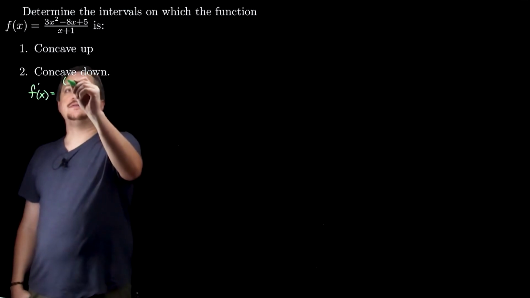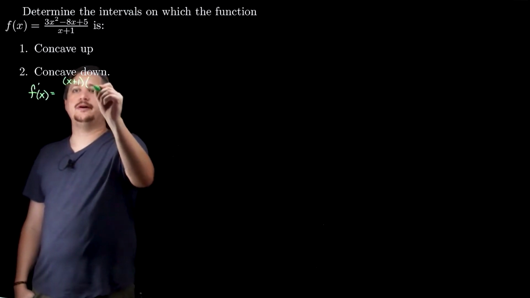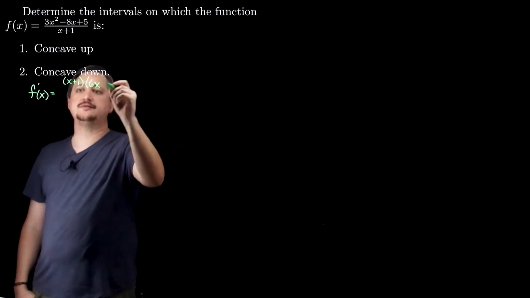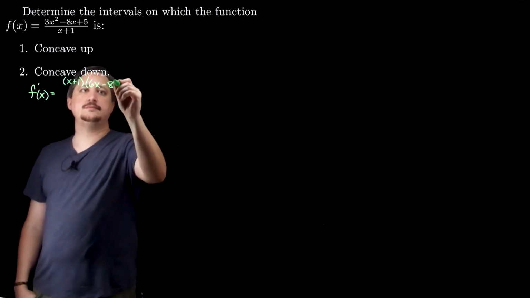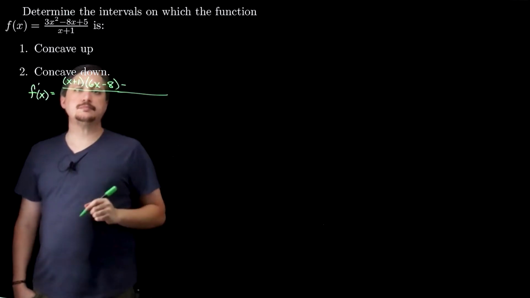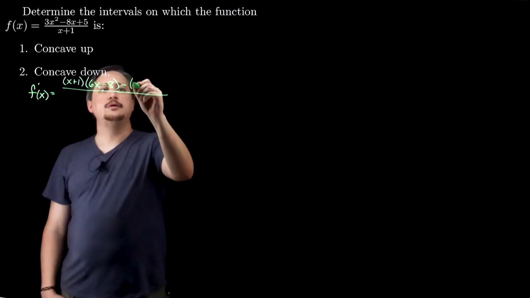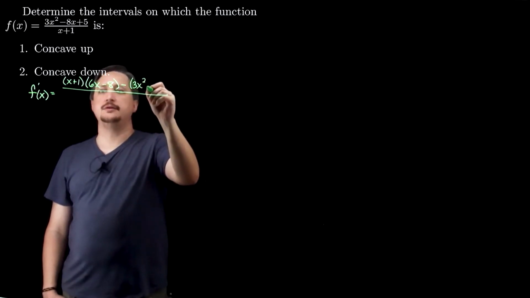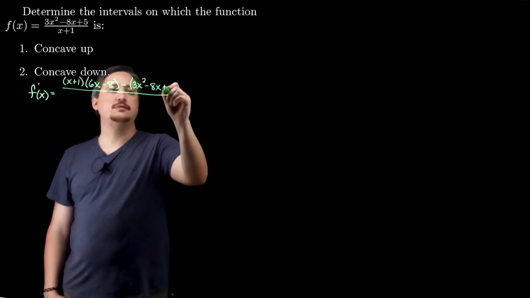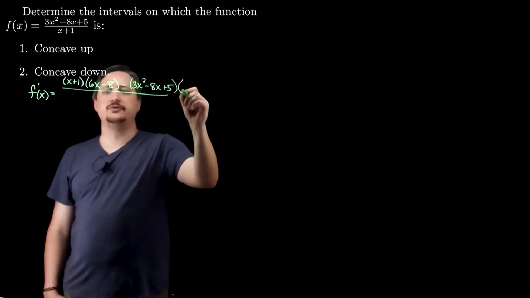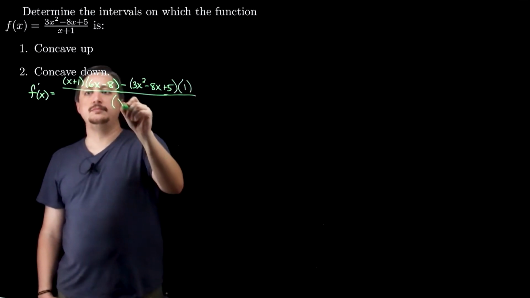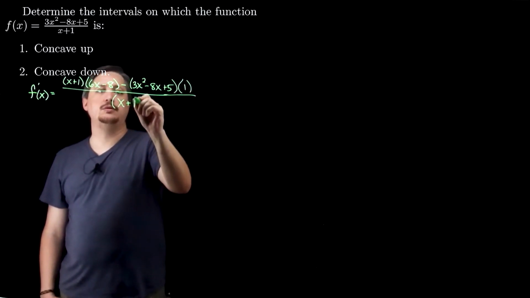So I'm going to get, let's see, x plus 1 times the derivative of the top, so that's going to be 6x minus 8, minus the top 3x squared minus 8x plus 5 times the derivative of the bottom, which is just 1, all over the bottom x plus 1 squared.